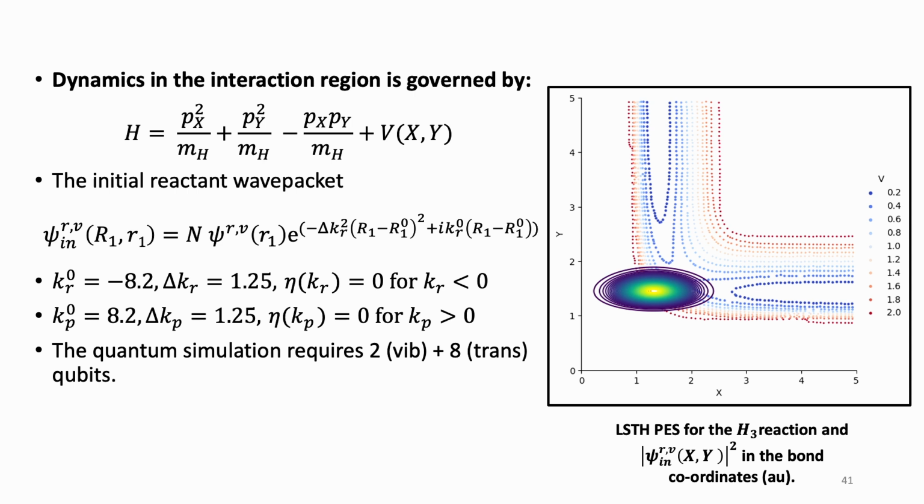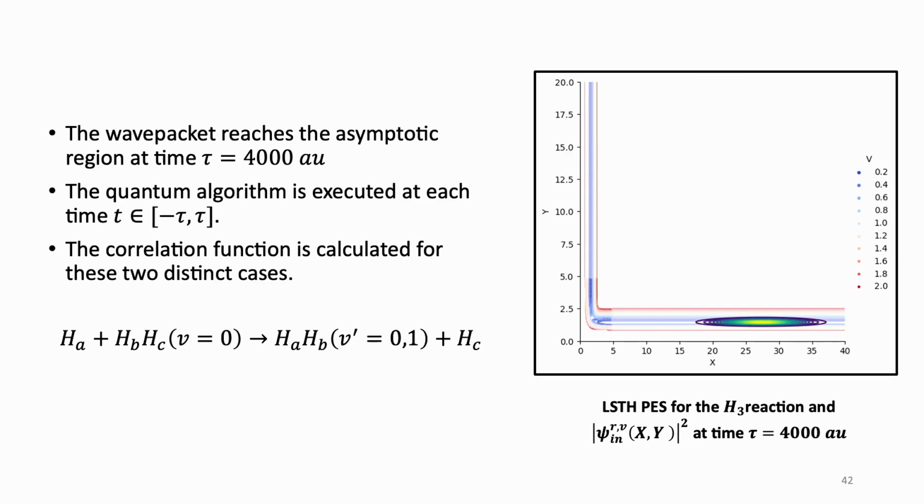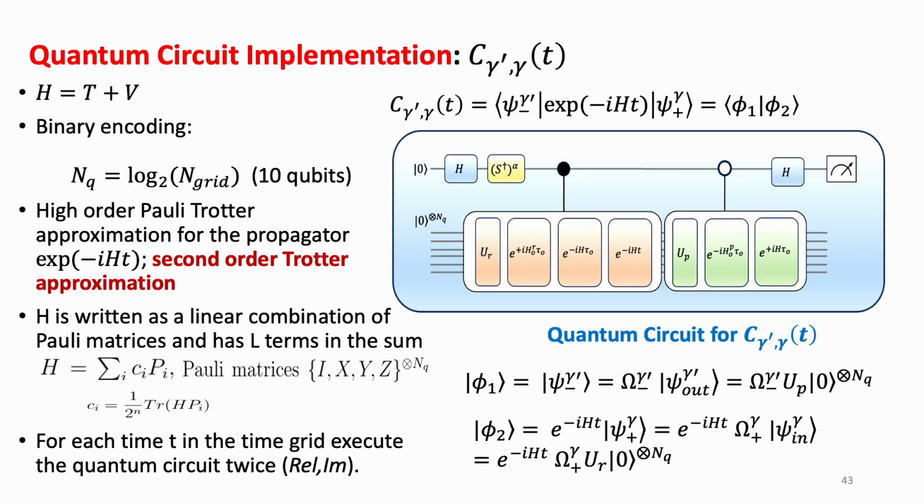So these are the wave packets here. Again, these calculations were most of the PhD thesis of my student. There is a lot of numerical calculation involved here because you have to write the Hamiltonian as a sum of Pauli matrices. To initialize this and see the results, we took 10 qubits.